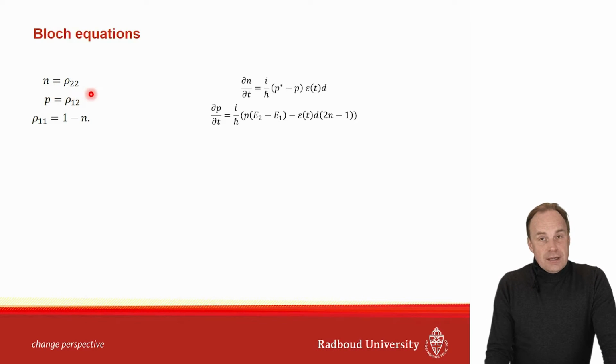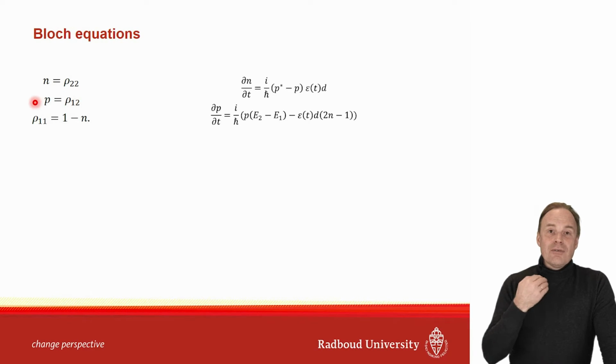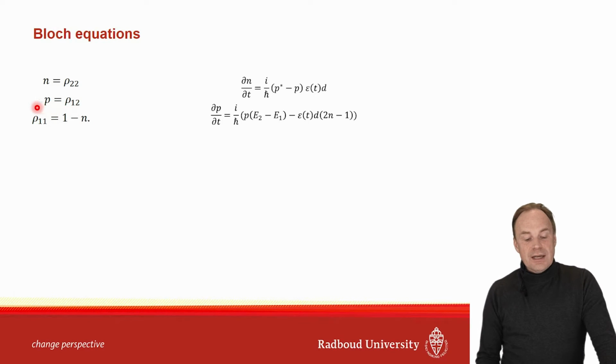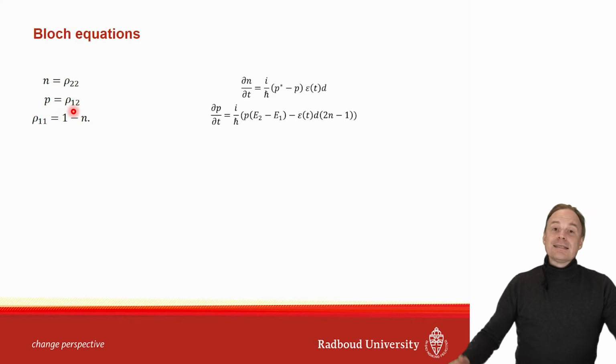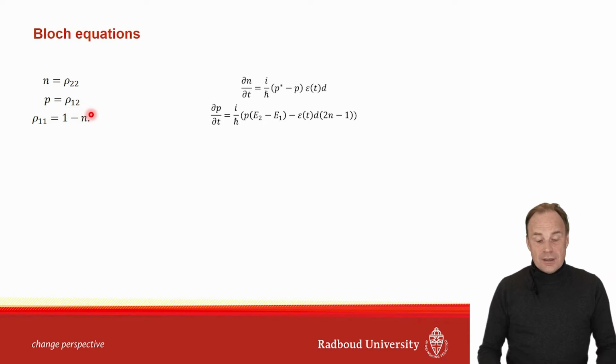As I showed at the previous lecture, the off-diagonal element rho 1,2 practically expresses the polarization of the ensemble of two-level systems. It's not equal to polarization yet. If you want to find polarization, you have to multiply it by the dipole moment and add to this product its complex conjugate.